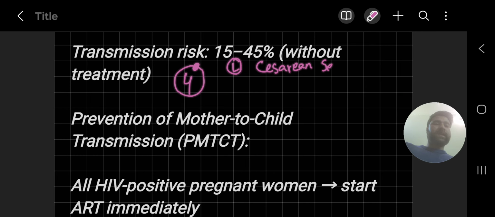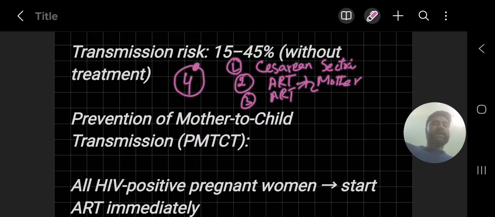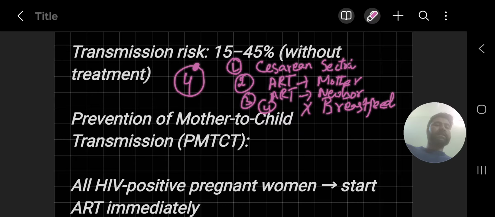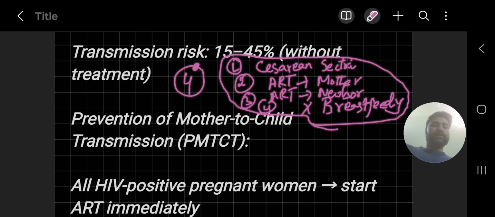Second one is antiretroviral therapy for the mother. Third one is prophylactic antiretroviral therapy for the newborn. And fourth one is avoiding breastfeeding. So these four factors decrease the risk of transmission from the mother to the newborn.